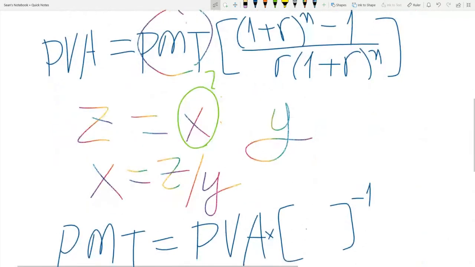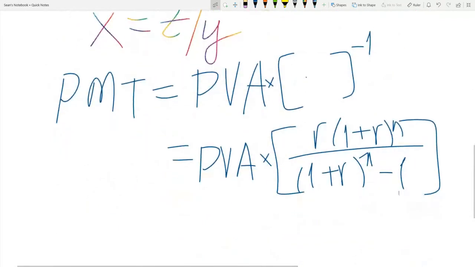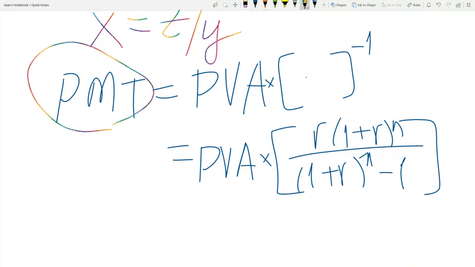Just if you flip it. Okay, now we've found the formula for finding annual annuity payments. So we're going to apply this shortly.